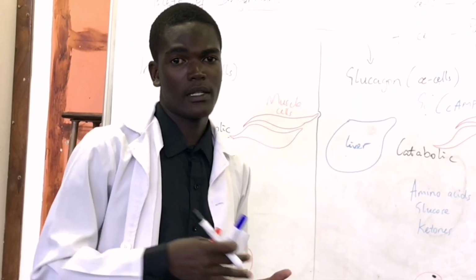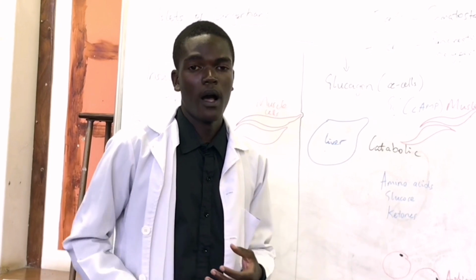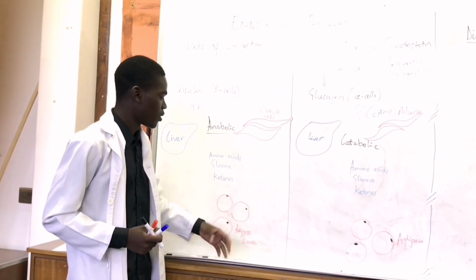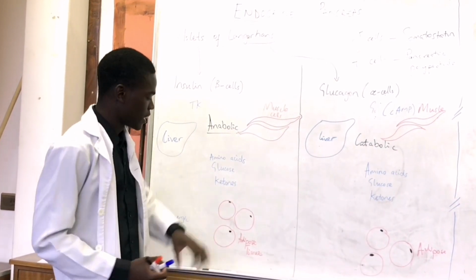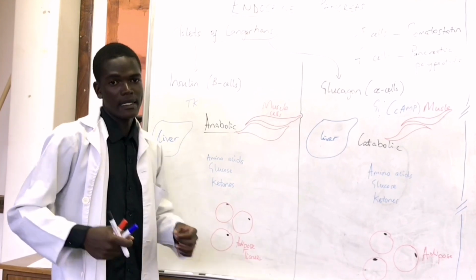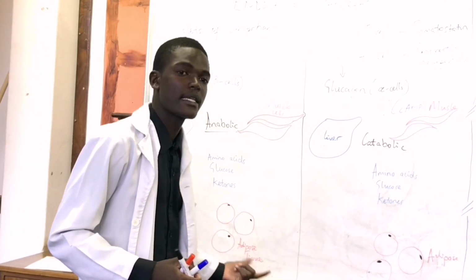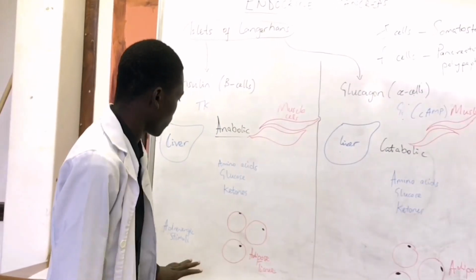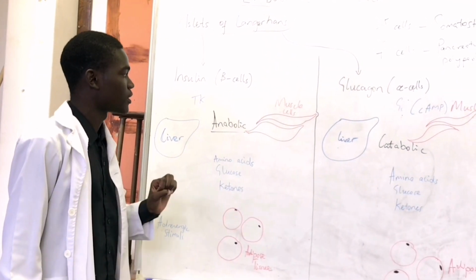When we have too much ketones in the blood, it can lead to acidosis. So we don't want acidosis, therefore we take up ketones from the blood into the adipose tissue. By doing this, we are increasing fatty acid in adipose tissue, increasing adiposity. I think that's all for the functions of insulin.